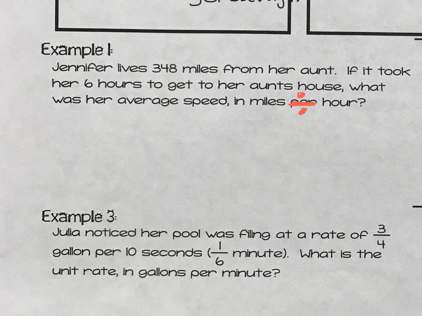We're going to do this over and over again. Miles divided by hours. So what are our miles? Well, I see 348 miles, so 348 divided by hours. Where is our hours? Oh, that's right here. So 6 hours.